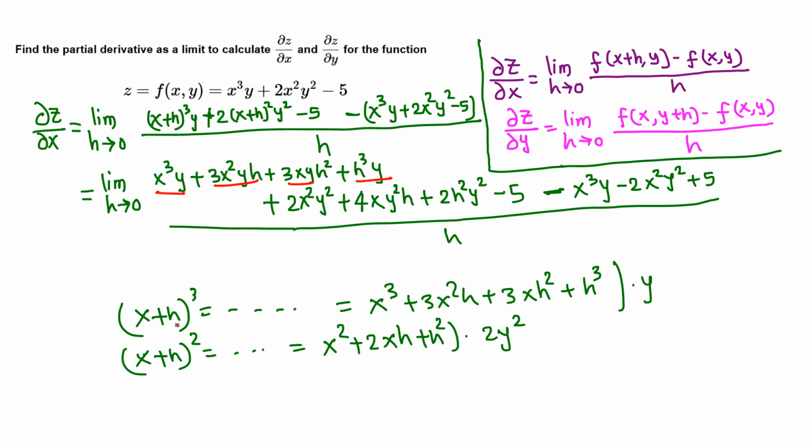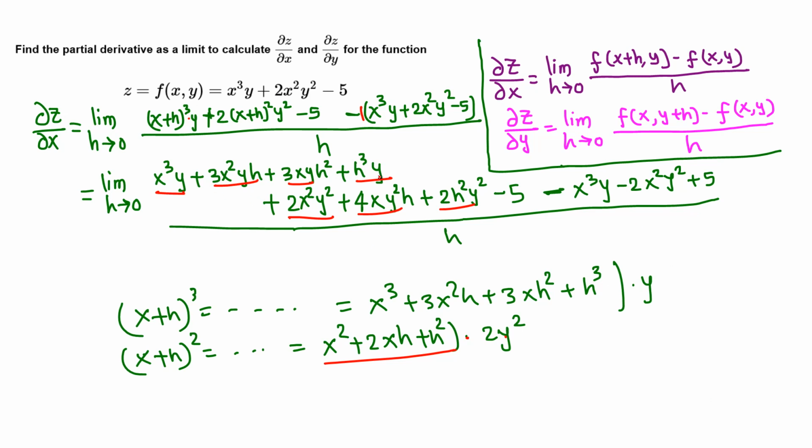You multiply x plus h with itself and again with itself, you get this, and distribute y. Next, (x plus h) squared is given this, then we need to distribute 2y squared. Then we get these three terms, minus 5, and here is negative 1, distribute that, so we get this.